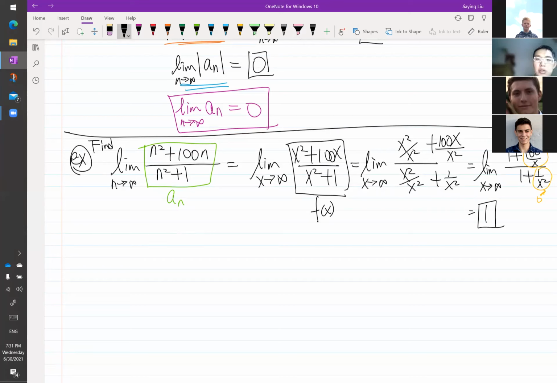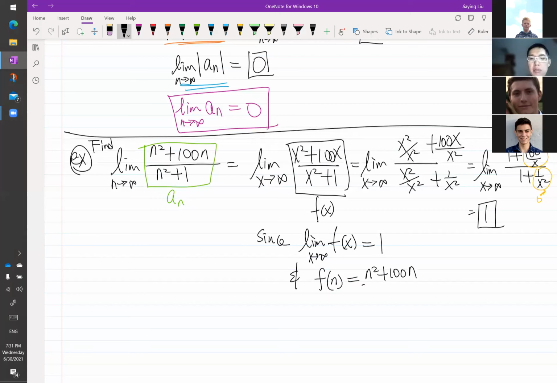And so, since the limit as x goes to infinity of f of x equals L equals 1, the limit exists. And f of x, if we replace x with n, so f of n will equal n squared plus 100n divided by n squared plus 1, that's equal to a_n.